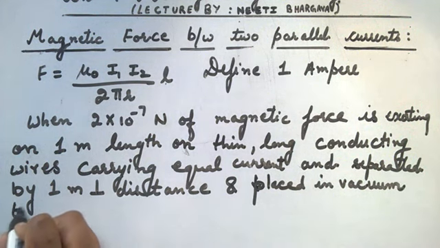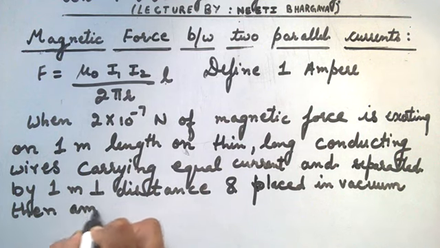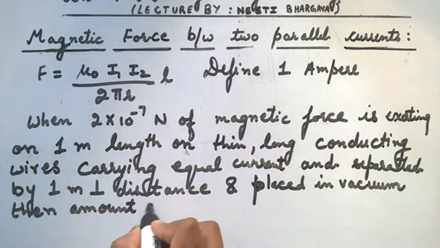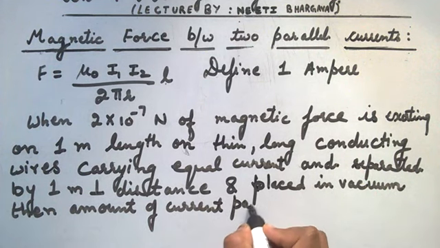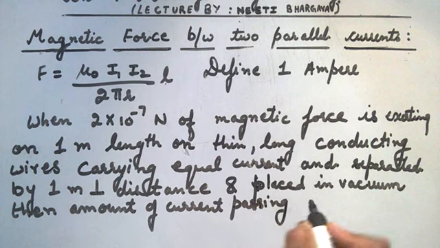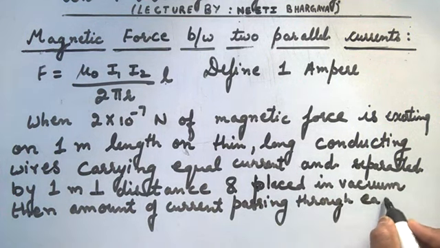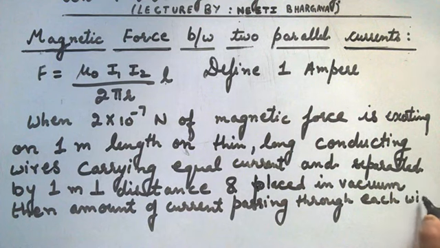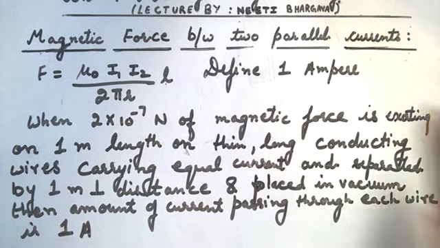Then the amount of current passing through each wire is 1 ampere, and we can find it also.